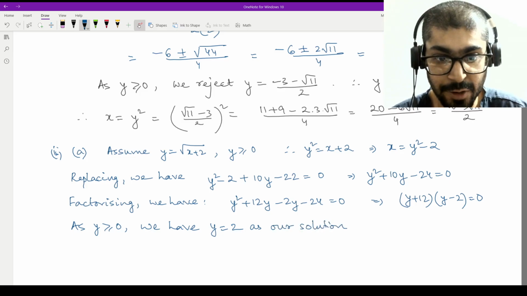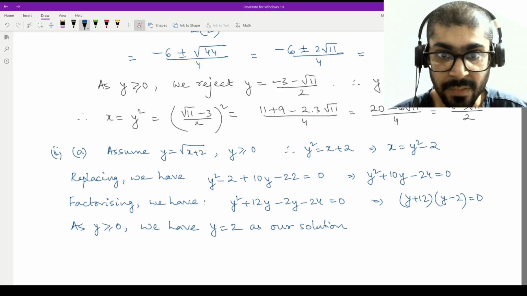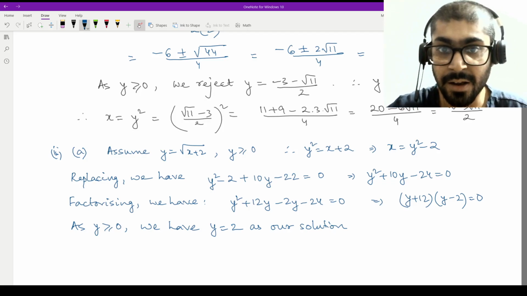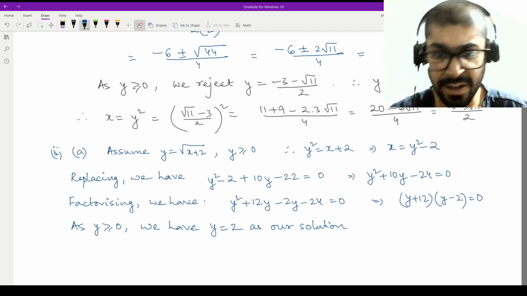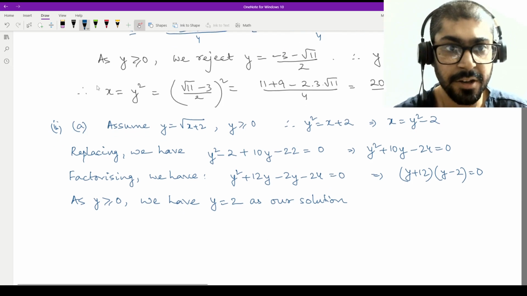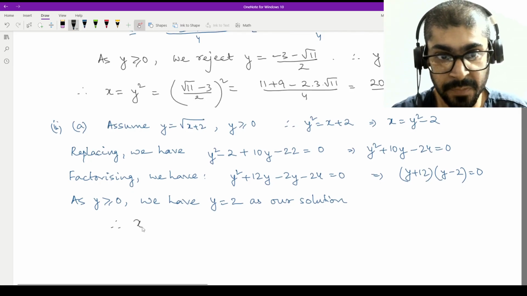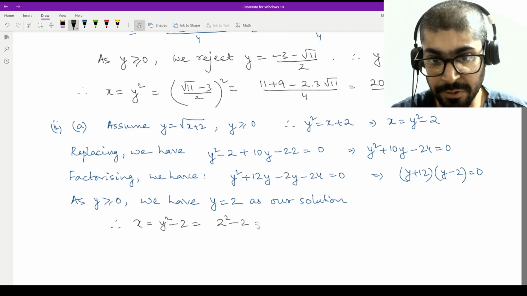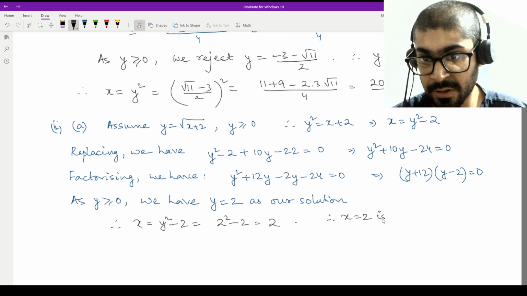If we have y equal to 2 as our solution, then you can just put the values in x and check if that's a solution, right? So x will be equal to y square minus 2 equal to 2 square minus 2 equal to 2, right? Therefore x equal to 2 is the only solution.